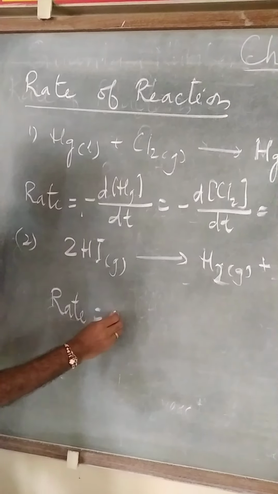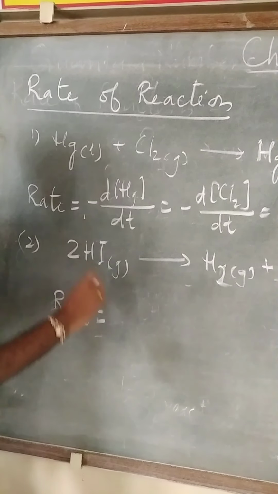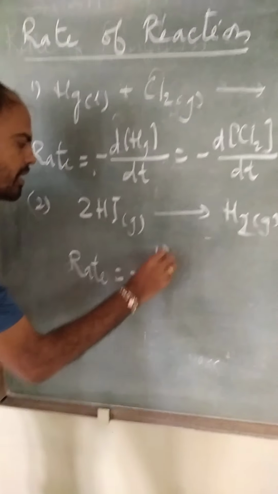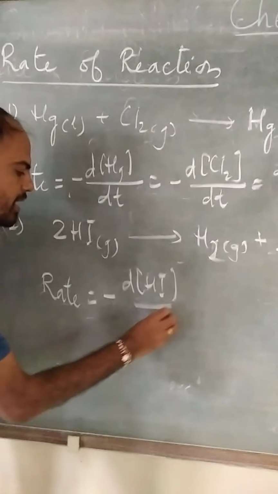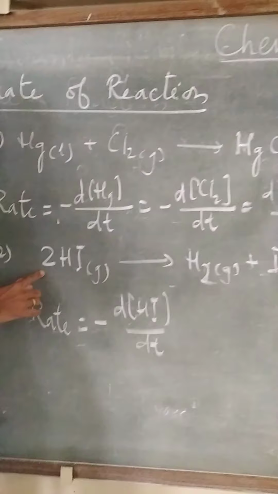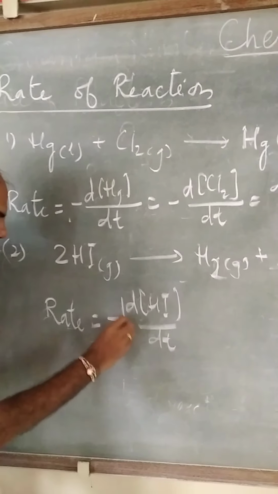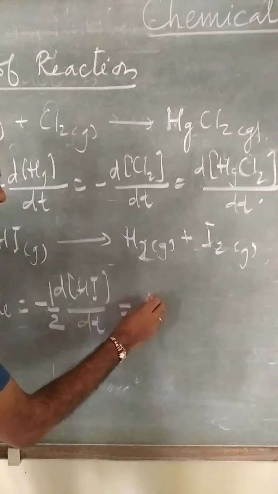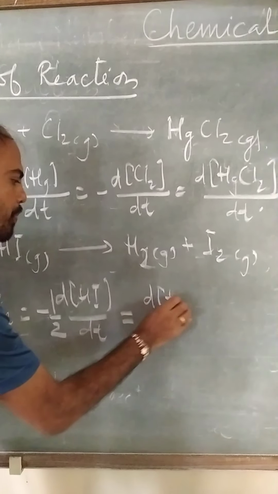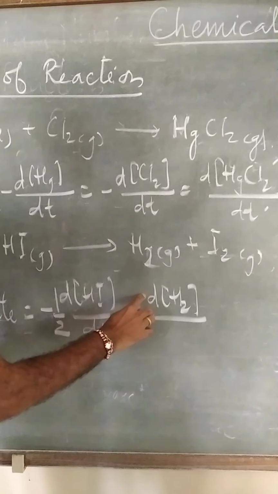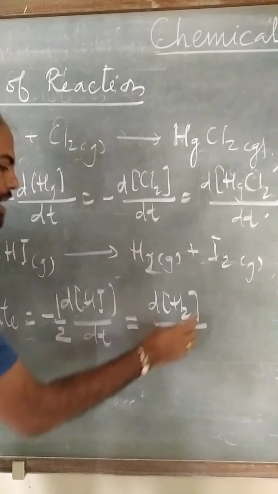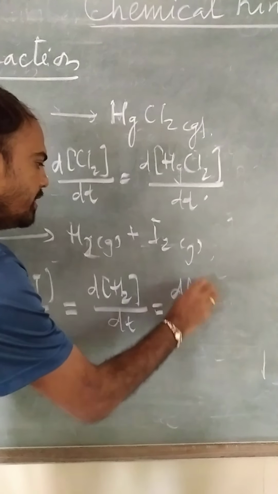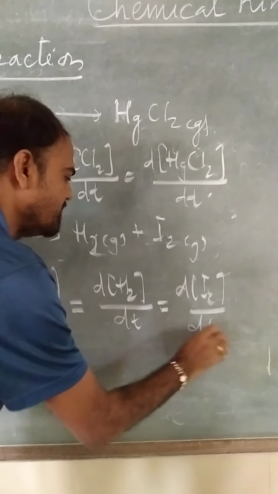Since decomposition of hydrogen iodide takes place, it is minus d[HI] by dt, and the stoichiometric coefficient should be divided, that's why 1 by 2, which is equal to the formation of the product hydrogen, d[H2] by dt, which is equal to d[I2] by dt.